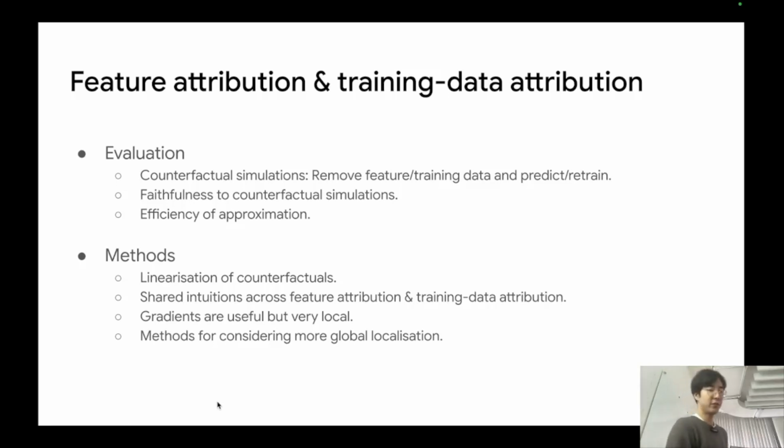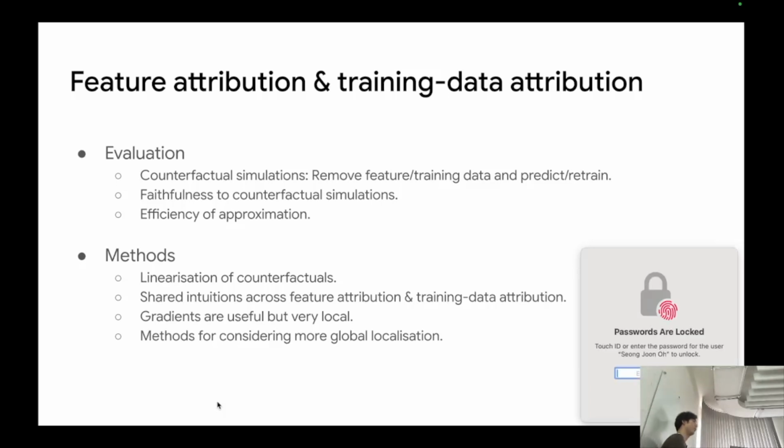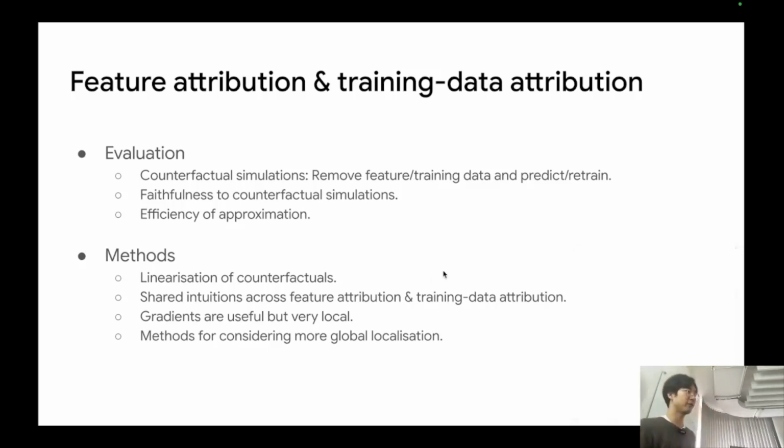We looked into feature attribution and training data attribution. So evaluation-wise, we usually care about counterfactual simulations. What happens if you remove or add or modify training data, features, and so on, right? And the goal is to do this more faithfully and efficiently. In terms of methods, we usually rely on linearization of the counterfactuals.